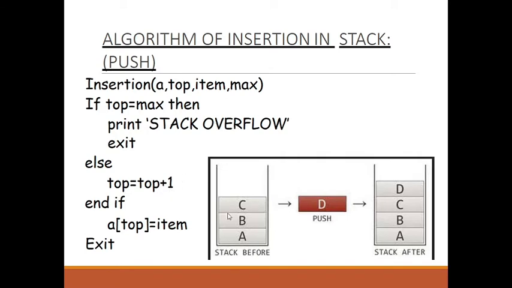As we have here in the figure, the current content of the stack is CBA, which is 3, so our top would be 3, and then we add plus 1. So the item D will be pushed onto 4. A top item will be number 4, so that will be the storage of the data item D which we have pushed.